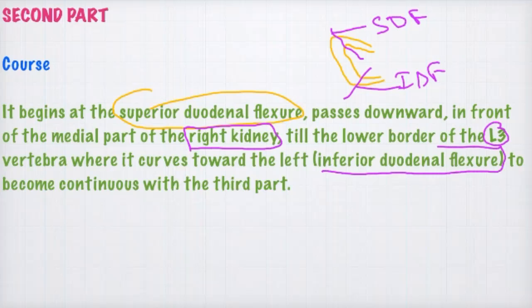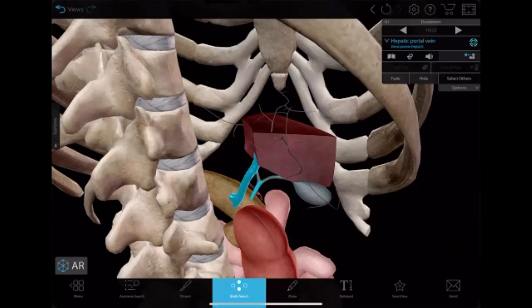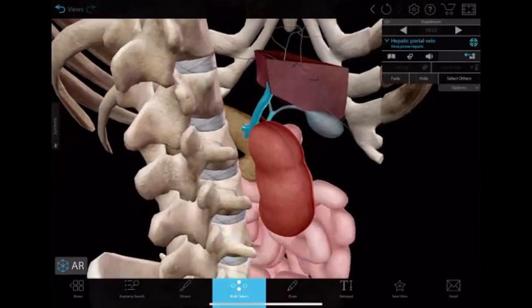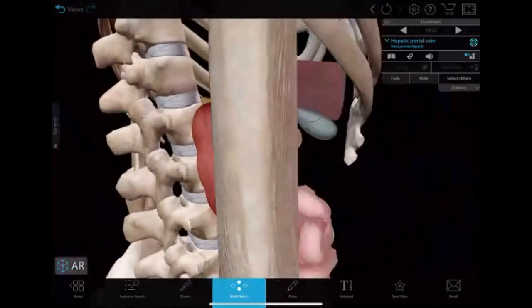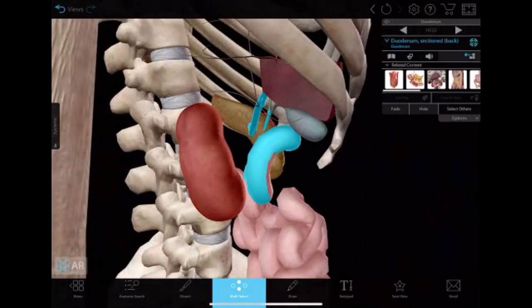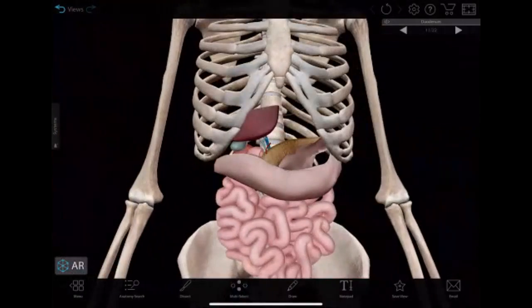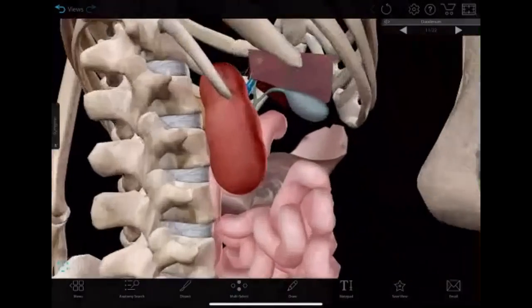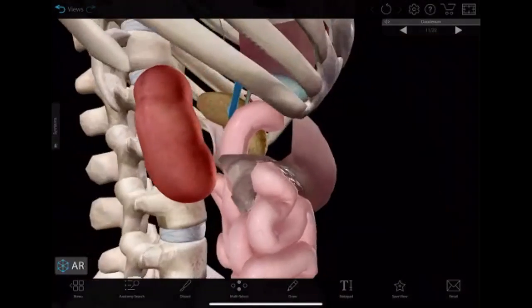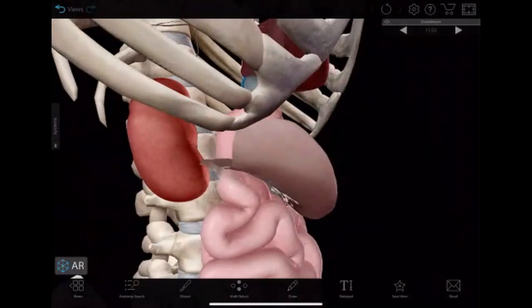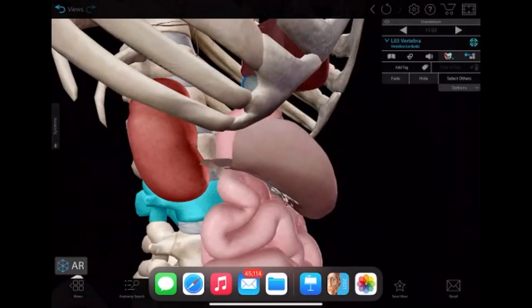So this is the inferior duodenal flexure, to become continuous with the third part. Right? We'll see. So you see, this is the second part, and this is the right kidney, right? So this is the right kidney, in front of the right kidney and in front of L3.